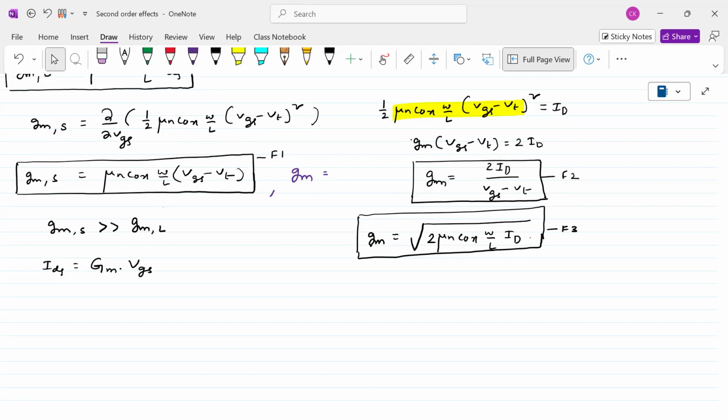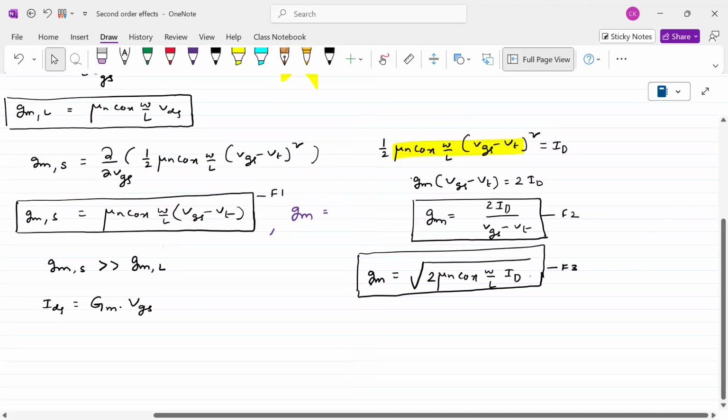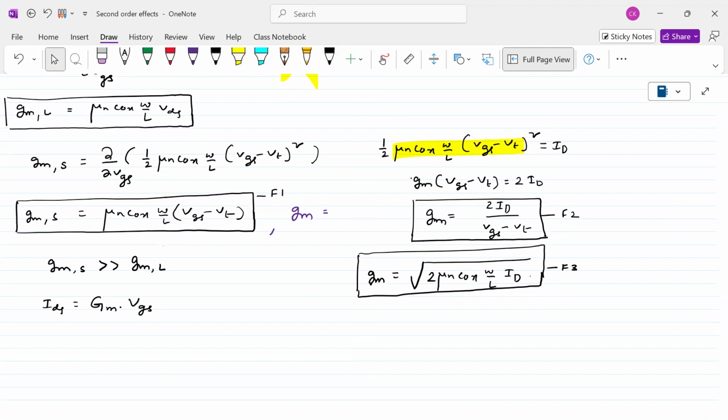How can we get this expression? What do I have to do? Where can I substitute this so that I will get this expression?